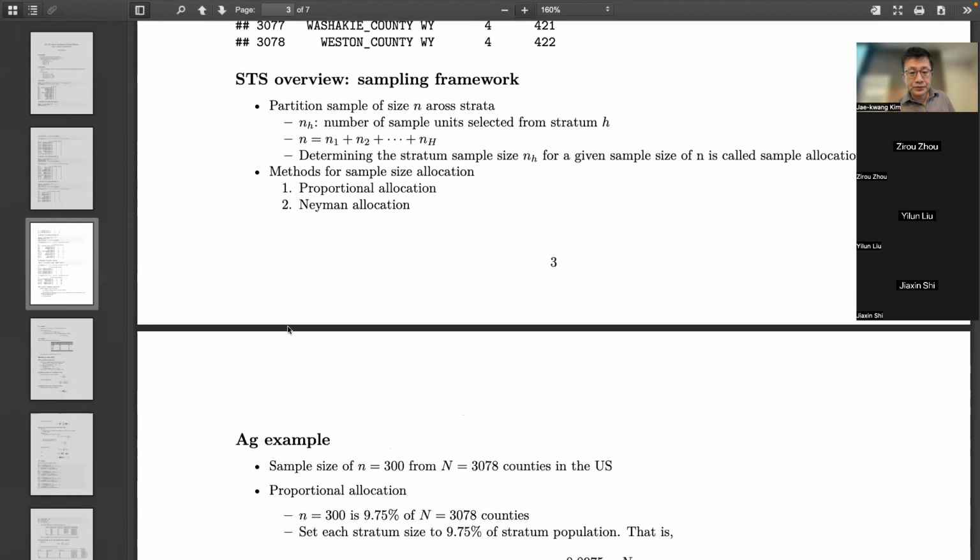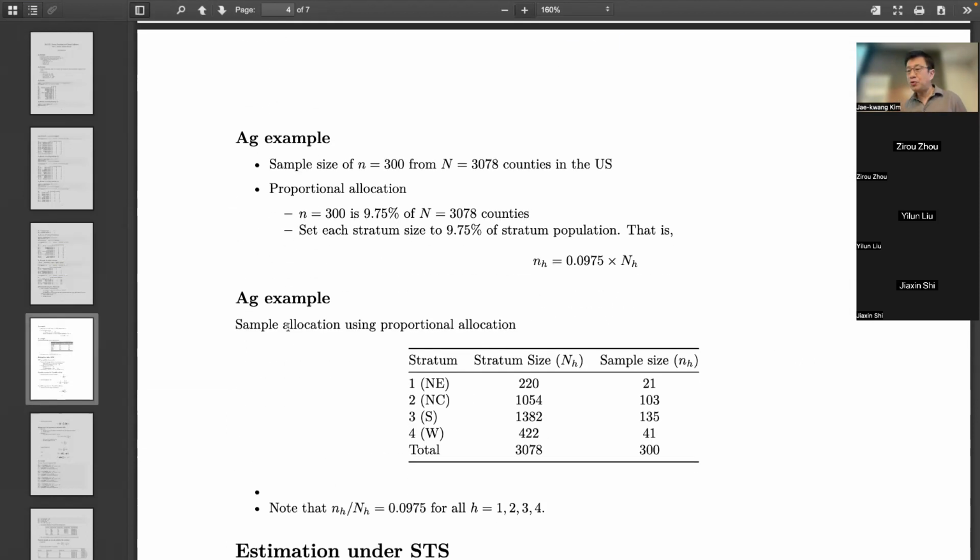And then proportional allocation. My total sample size is 300, so I'd like to allocate the 300 sample size to the 4 regions. The first step is just to use proportional allocation, right?